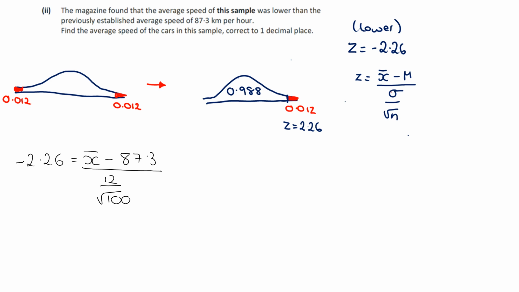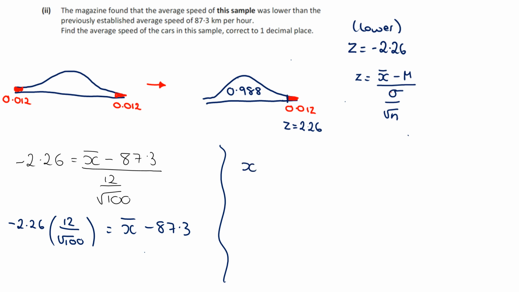Okay, so I've just tidied that up a little bit so we can work with it. So we're going to multiply both sides by 12 over root 100, so we get minus 2.26 by 12 over the square root of 100 is equal to x bar minus 87.3.